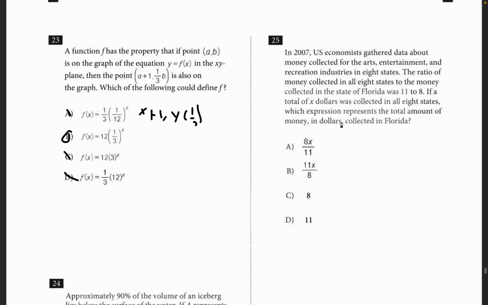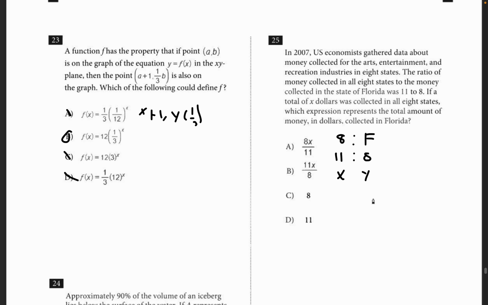2007 ratio of money collected in 8 states, so let's say 8, to Florida is 11 to 8. If a total of X dollars was collected, what is this value? Okay, we could call this whatever, A, B, whatever.